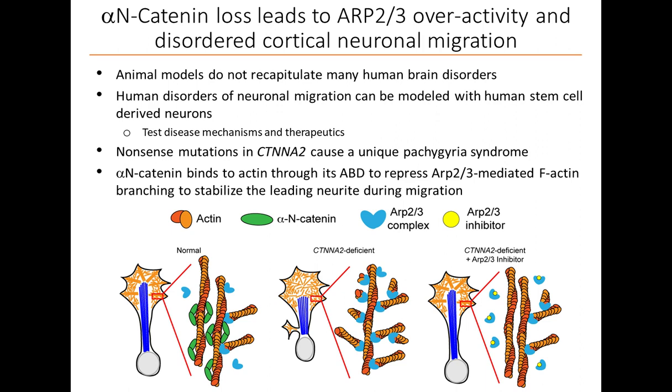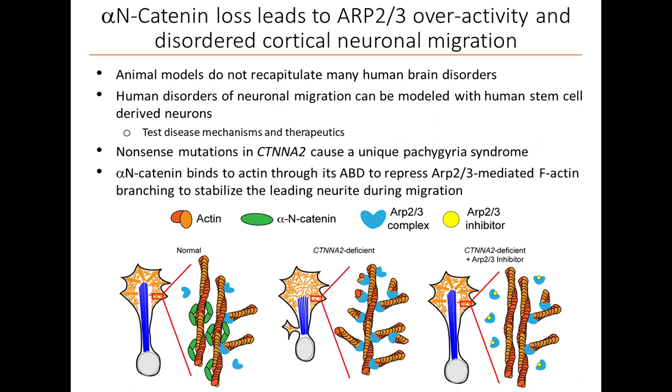We used an exome sequencing approach and found bi-allelic mutations in alpha-N-Catenin. We also used a human stem cell-based disease model to test for neuronal migration defects and also identify the underlying disease mechanisms.